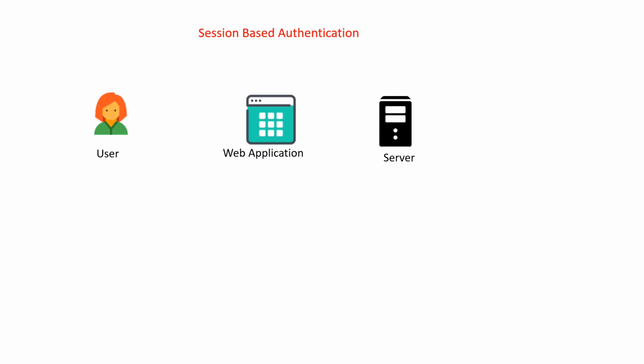We have to authenticate them. So the user has to provide their credentials, and those credentials are accessed by the server, which verifies them in the backend. Once we are able to validate that the credentials they have provided are correct, for subsequent requests they don't need to provide an ID and password again and again.